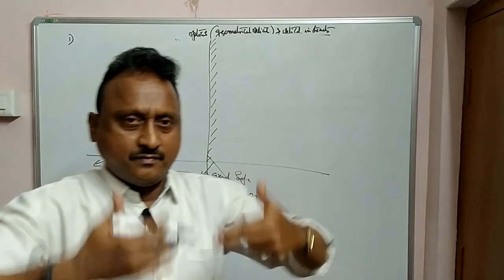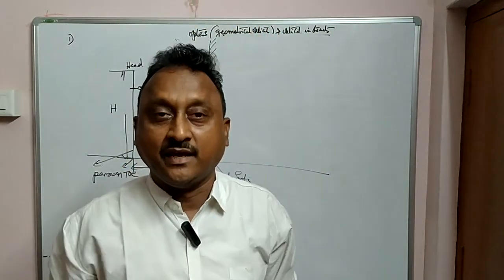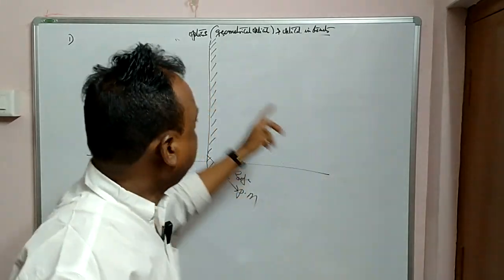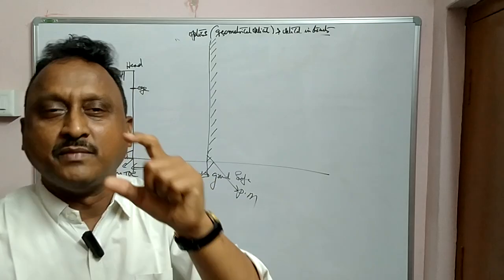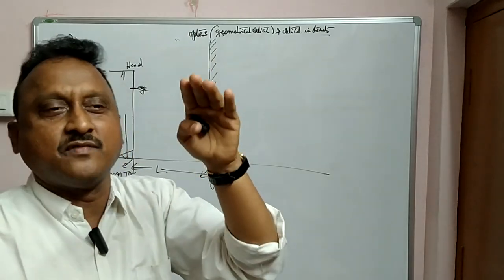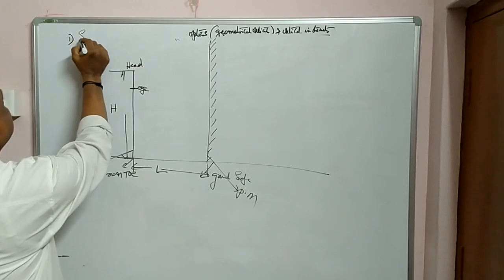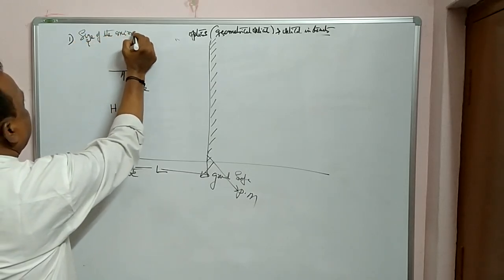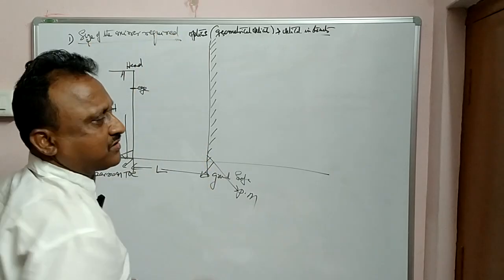Suppose if myself, my entire image, if I have to see in the plane mirror completely, not half, what is the minimum length or what is the size of the mirror required? So I want the size of the mirror. This is the examination question.